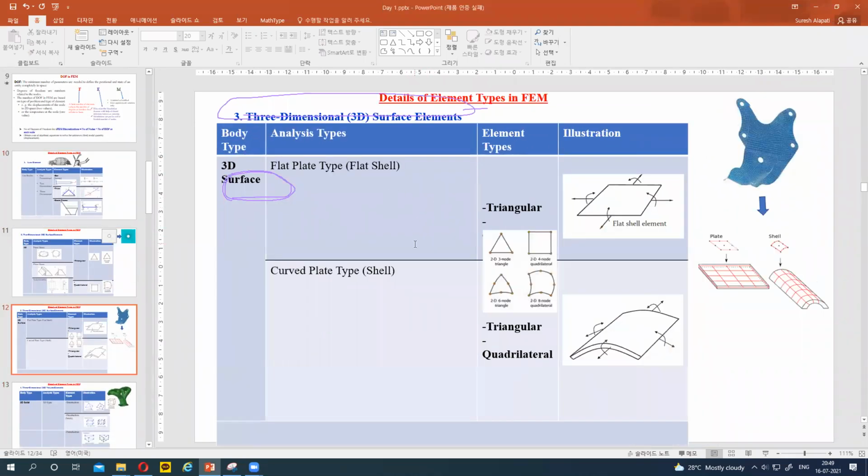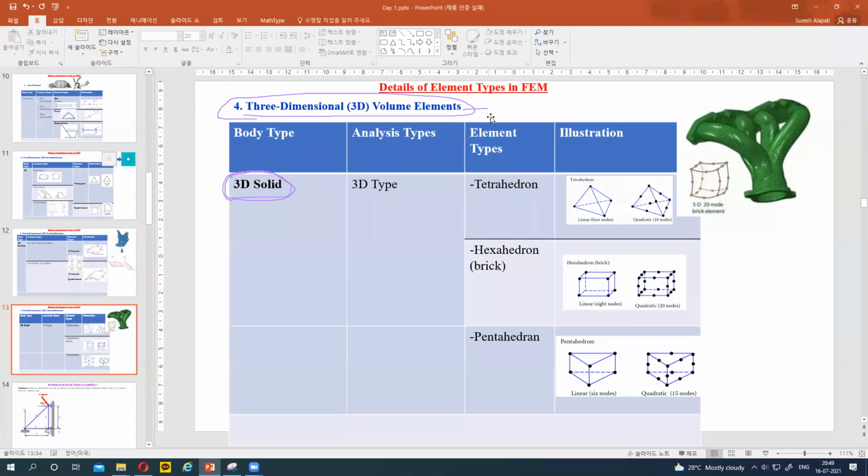Very thin bodies we can apply shell elements, but we cannot apply shell elements or line elements for all types of bodies. So we have to consider the real model and model with 3D solid elements.